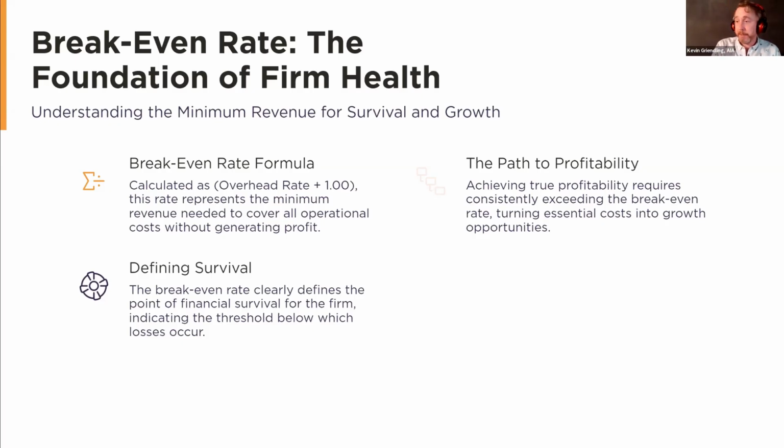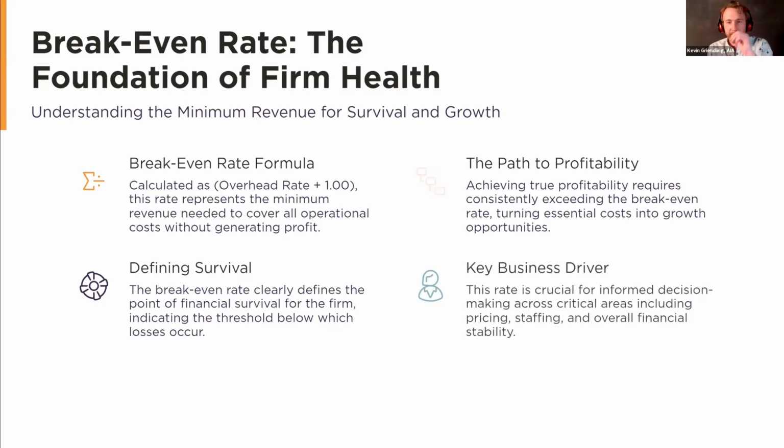How often are we replacing our computers? And so these will have a minor impact that will change your break-even rate that ultimately affects your profitability. And then, of course, this is going to be your key business driver. It is the absolute minimum you need to survive.